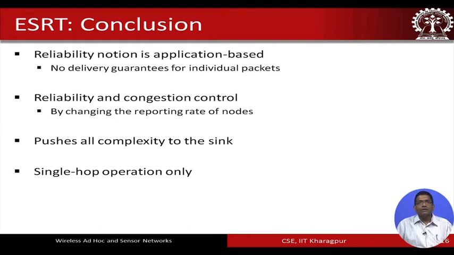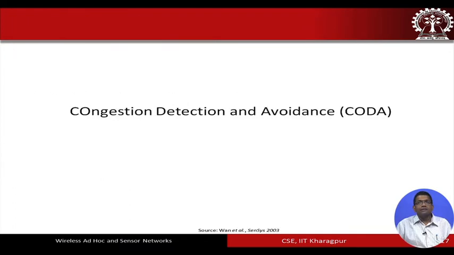Reliability and congestion control are changed by changing the reporting rate of the nodes in ESRT, and all the complexity and decision making are controlled from the sink. This is what we have seen, that the sink node controls all of these operations. So, this is what ESRT does.